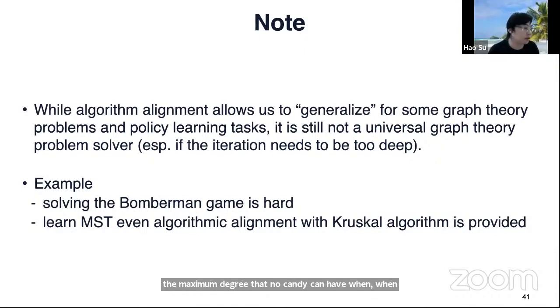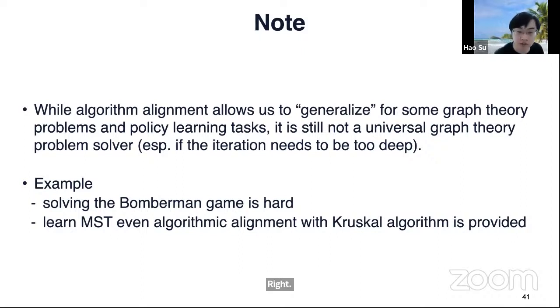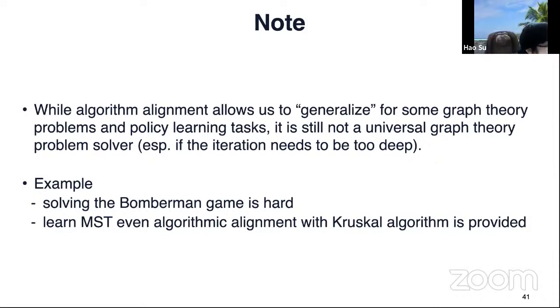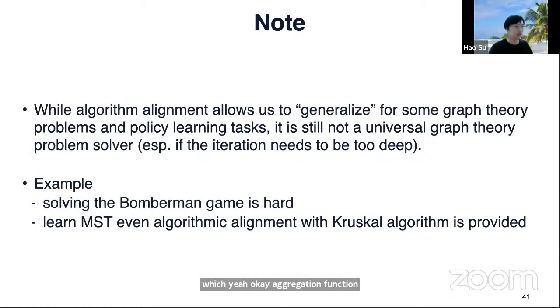This is a great question. If we are using mean pooling or max pooling, and we are having this iterative process, then we have built the alignment between the train and test graphs. According to our experience, we do not need assumptions on the degree of a node. This is also answered.